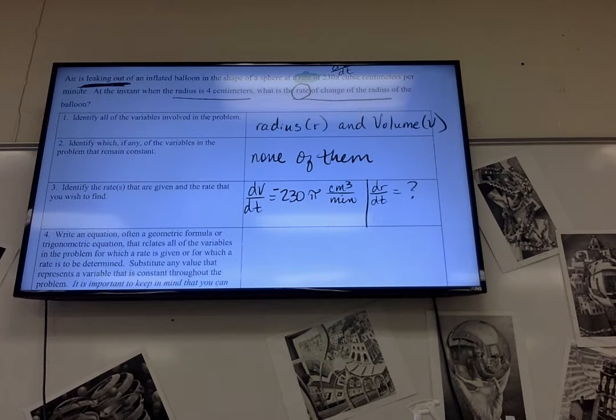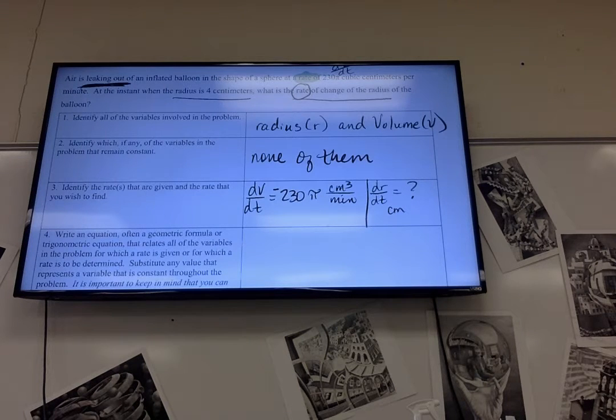Anyways, what are the units? Centimeters cubed per minute was given to us, but it's volume, right? Volume is always cubic.